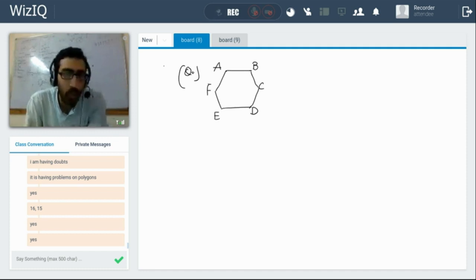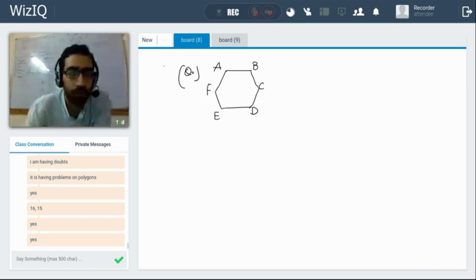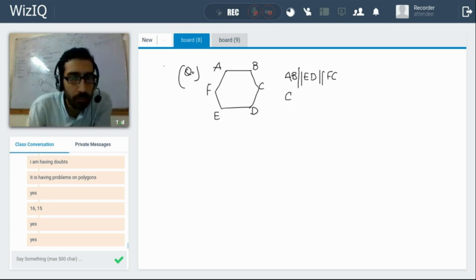Now, what I want you to remember here is, I'm sure I must have mentioned, AB is parallel to not just ED, it is also parallel to FC. Yeah? And similarly, CD is parallel to not just AF, it is also parallel to BE.